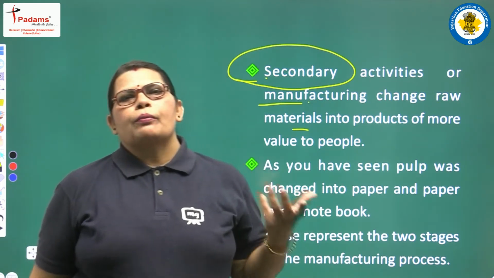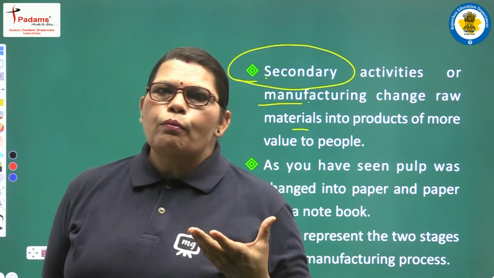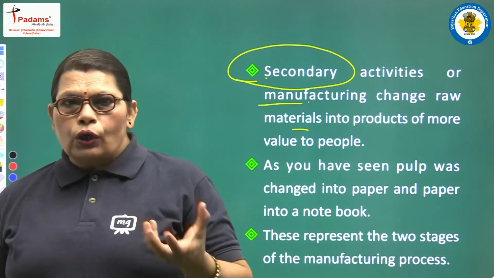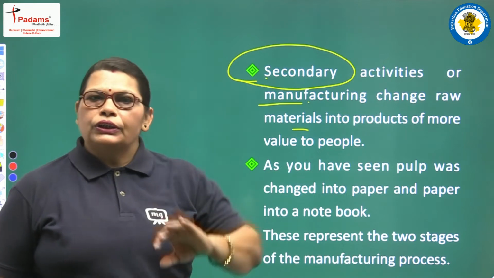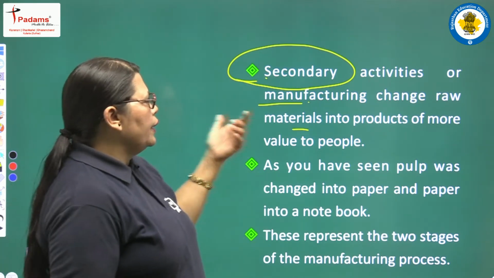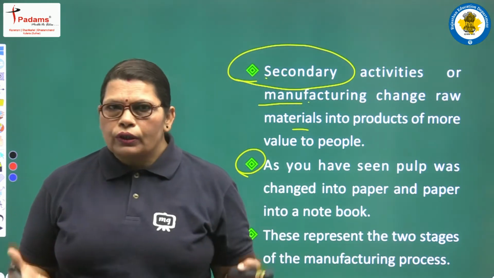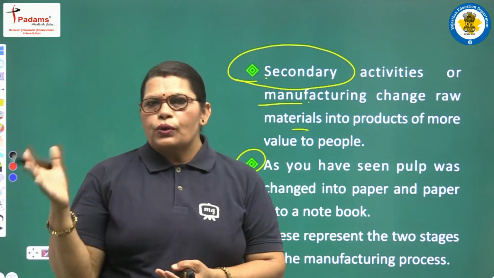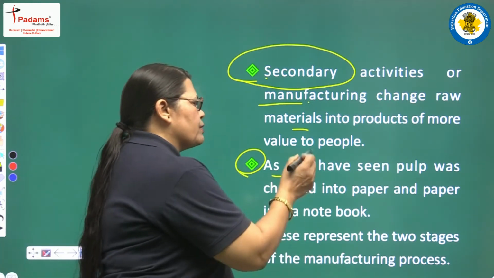Yes, when we are talking about the raw materials for the purpose of jam or sauce, apples and other fruits are the raw materials. Same as secondary activities or manufacturing, they change raw material into products for the valuable purpose of the people, because raw material changed into a processed thing is so much more valuable for ourselves.